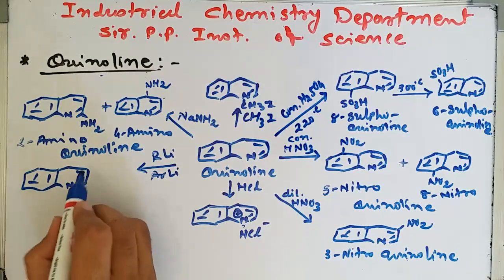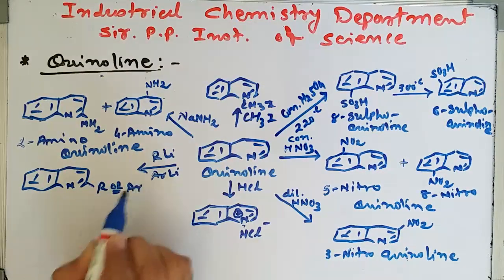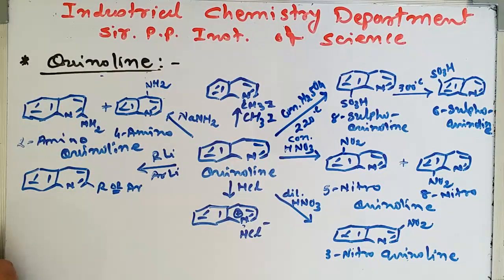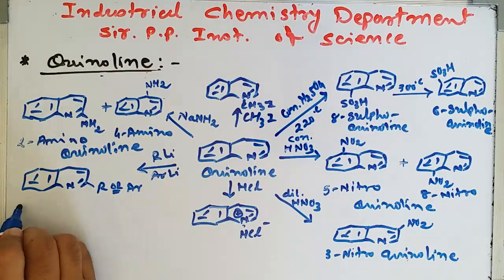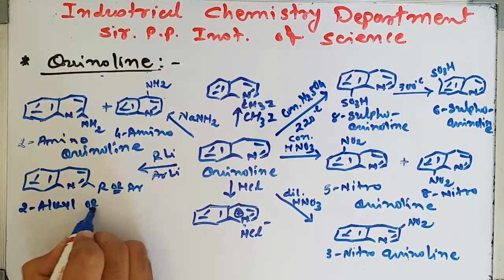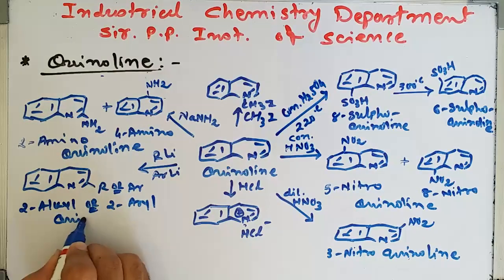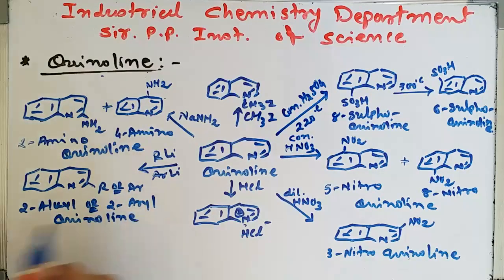If R or aromatic compound is present, then it is 2-alkyl or 2-aryl quinoline.